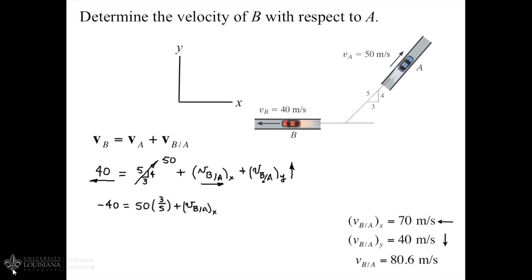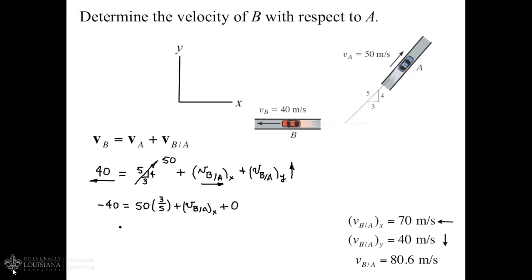And here I have no contribution. You can either add this as a 0, or you can neglect putting it in the equation. Anyway, when I solve this for v of B with respect to A x, I get my answer. It turns out to be minus 70. So I show that with a little arrow like this, or you can include the negative sign if you like.